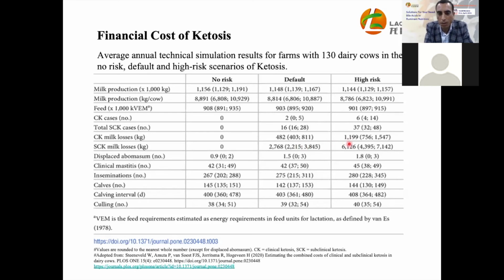As we can see, in the first one nearly 3 tons are lost for 130 cows, and for the high risk, more than 6,000 kilograms of milk.